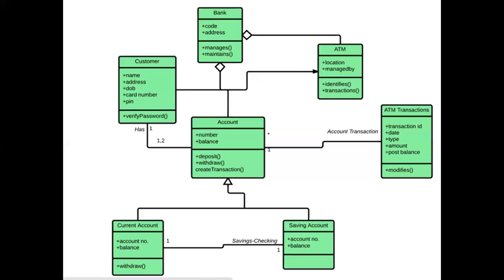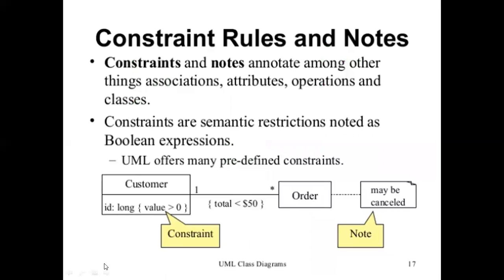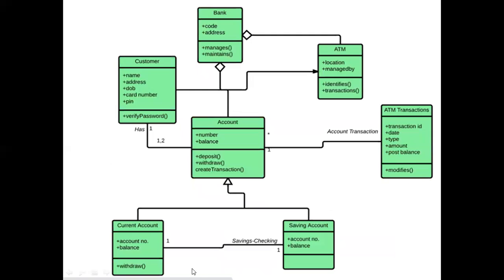Next, the saving account has the same properties. And the current account has different properties. And every class has different operations.